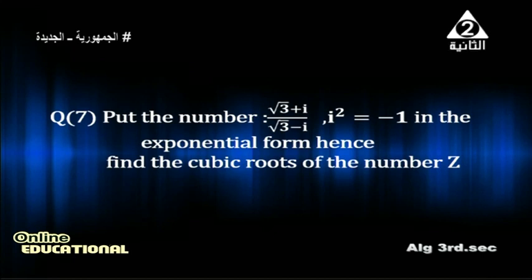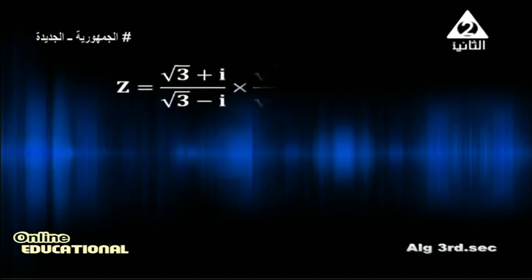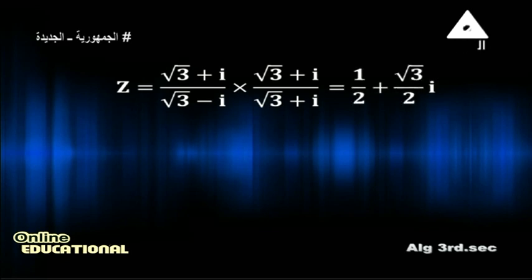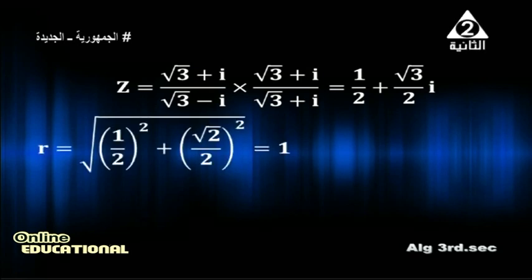By using the conjugate, multiply each term by root 3 plus i, up and down. Z equals 1 over 2 plus root 3 over 2 i. x is 1 over 2, y is root 3 over 2. R, the modulus, is the square root of x squared plus y squared, which equals 1.